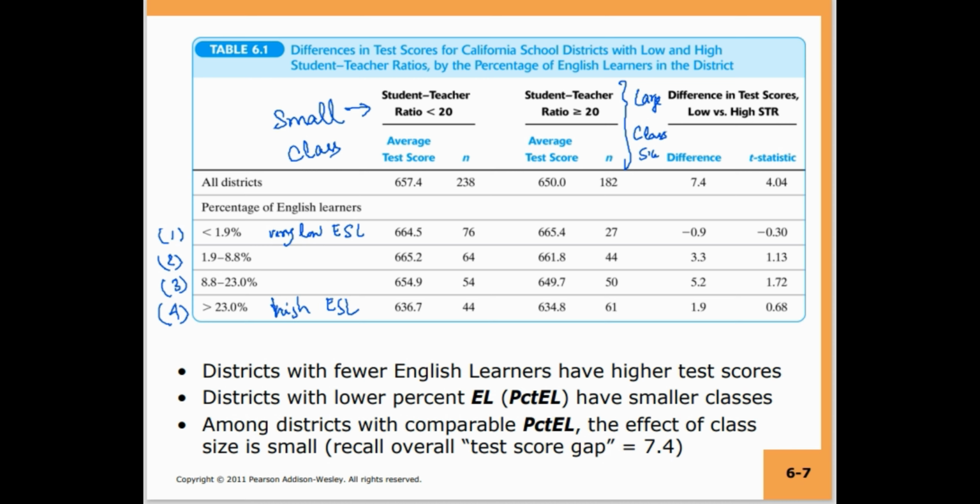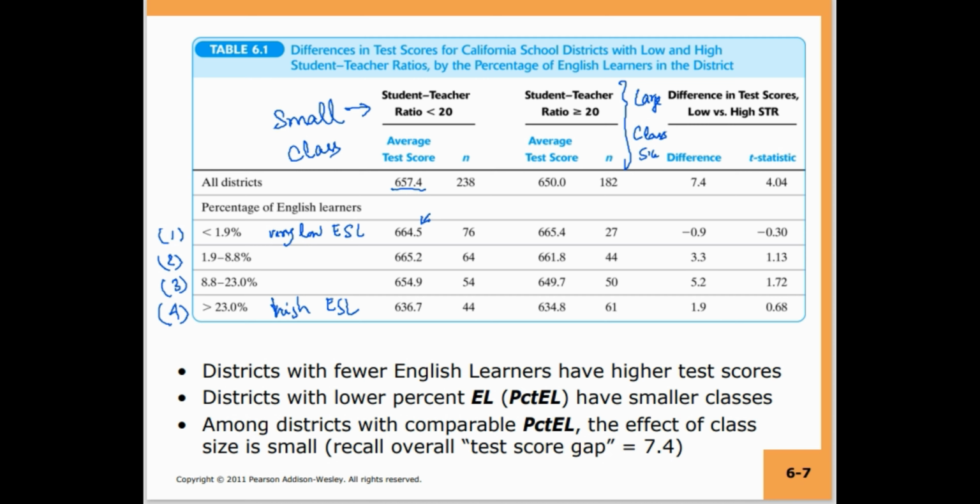Now let us look at what is going on in the test scores. First, you will notice that within small class sizes and within large class sizes, if you look across the English learner groups, there is actually quite a variation in the test scores. Within the group of small class sizes, schools which have both small class sizes as well as low English learners are doing quite well on the test scores compared to the mean of that group.